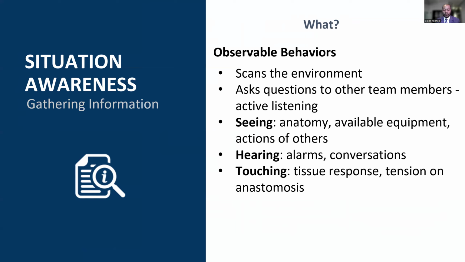For example, when we hear on the monitors that the patient is tachycardic or tachypneic, you need to know maybe the patient has lost a lot of blood and something needs to be done, or by touch, maybe putting pressure to control the bleeding, and so on.